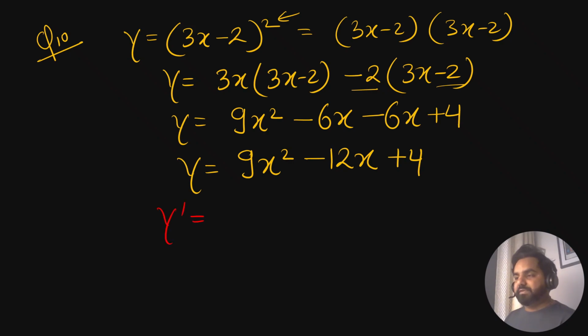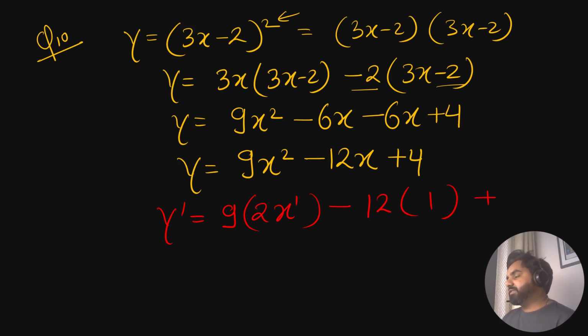So y dash will be, I don't have to do anything with 9. Then differentiation of x square is 2x power 1, minus 12. Differentiation of x is 1 and differentiation of 4 is 0. So your final answer is 18x minus 12.